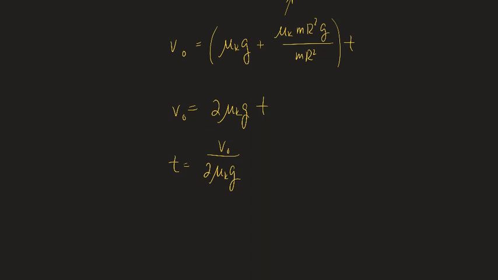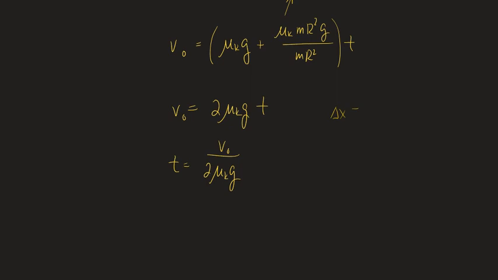How far does it go? Pick your favorite motion equation. Doesn't matter which one you choose. Pick one that will solve for delta x. Based on what I have here, I'm probably going to do, I don't know, maybe delta x equals 1/2.